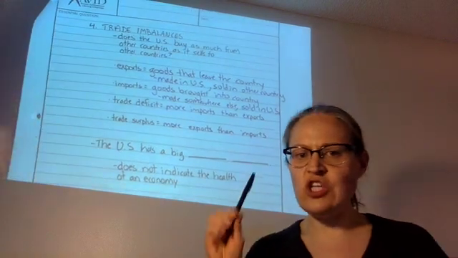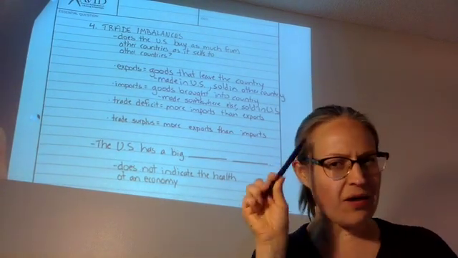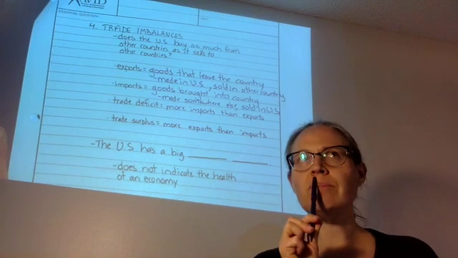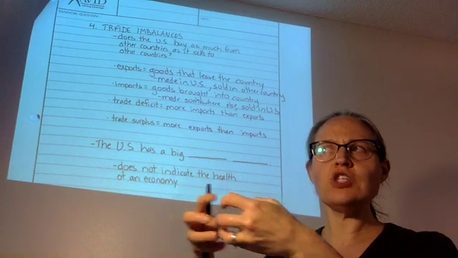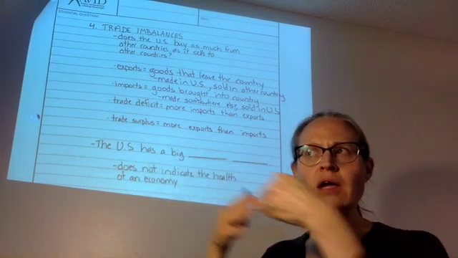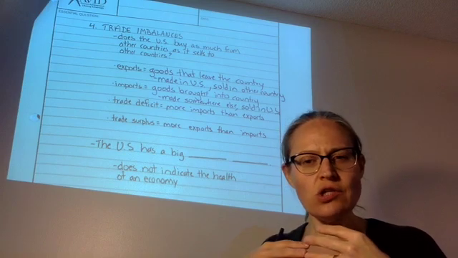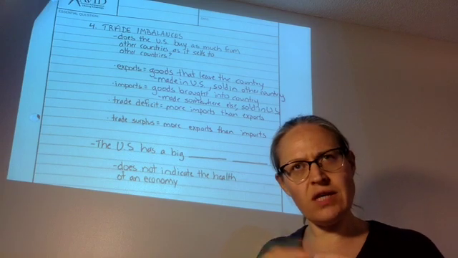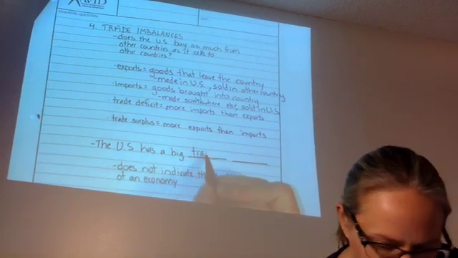All right, so does the United States have a trade deficit or a trade surplus? Think about that for a second. We buy a lot of stuff from China, so that would be made in China, coming here, import. But we don't make as much stuff here that we export. So we have a trade deficit.